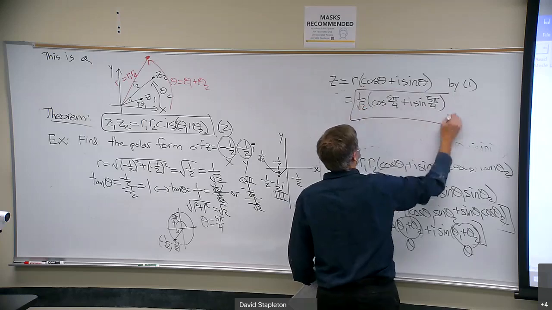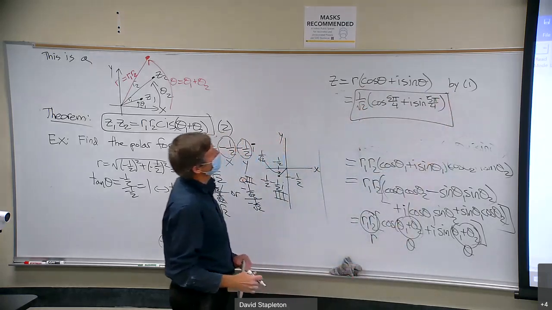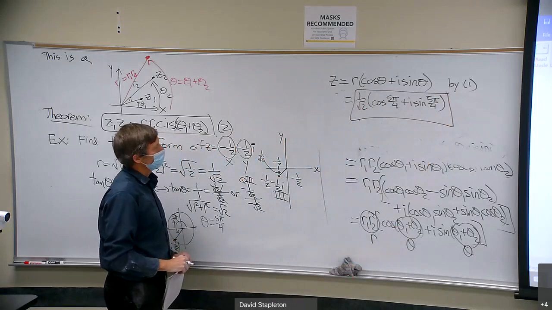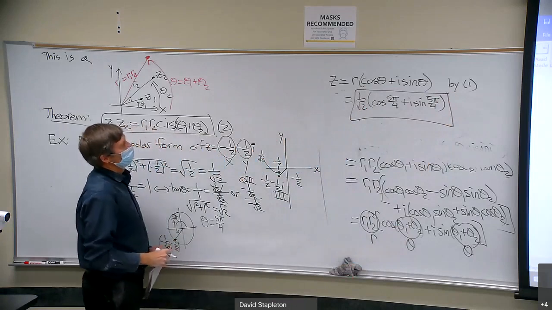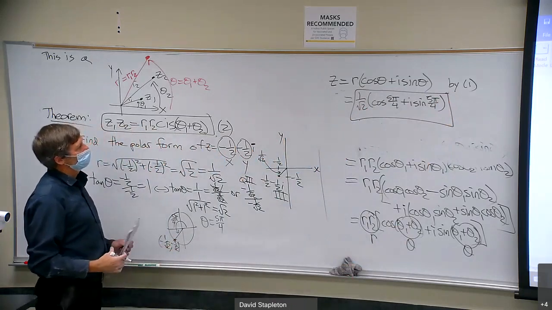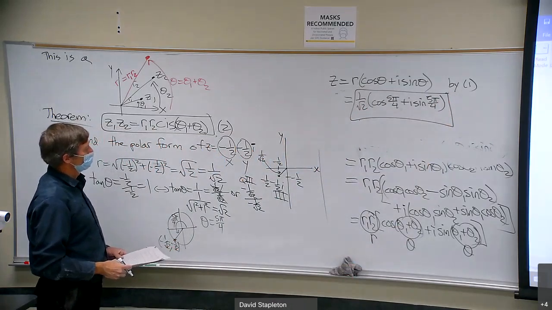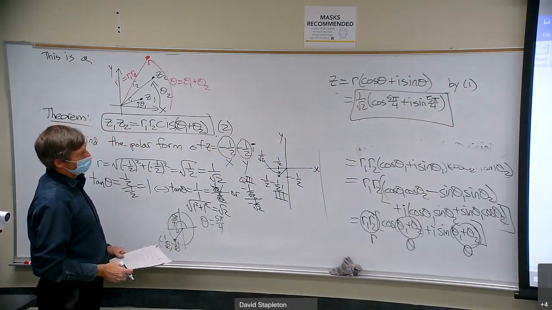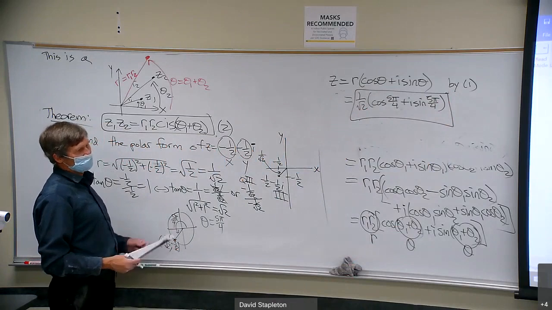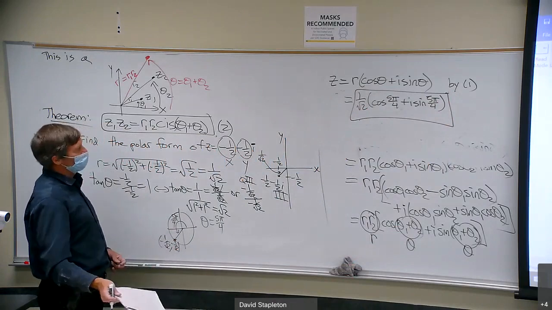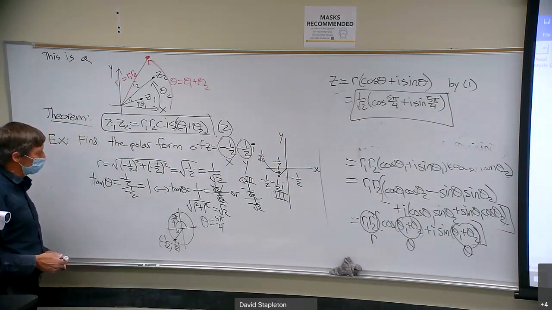There it is. There's the polar form of that complex number. And you can use any coterminal angle too. You could use minus 3 pi over 4 if you prefer it. It would have the same cosine and sine and give you the same number.